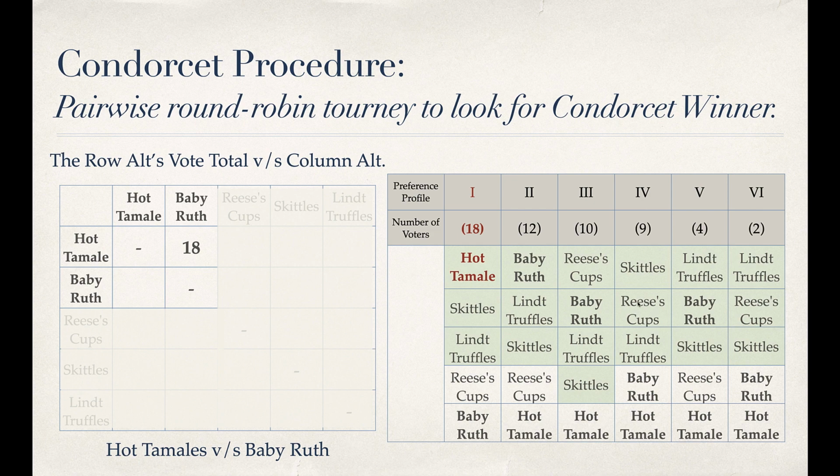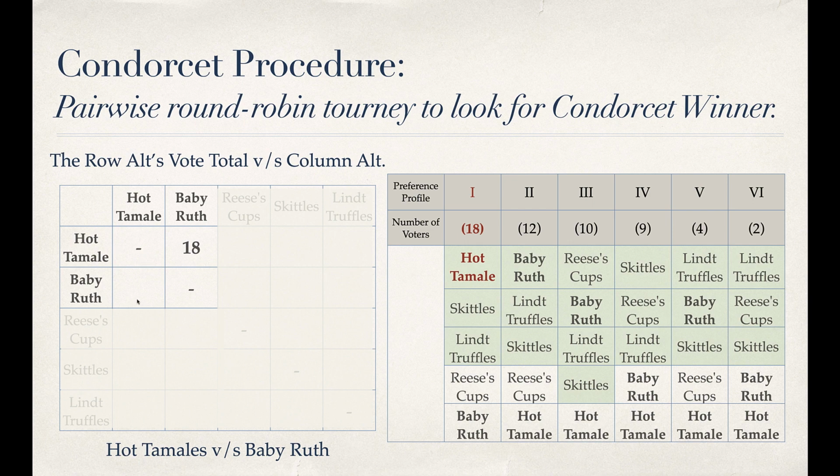This group, this group, this group, this group, and this group all prefer Baby Ruth to hot tamales. So hot tamales' vote total against Baby Ruth goes right here, because the vote total goes with the row alternative.